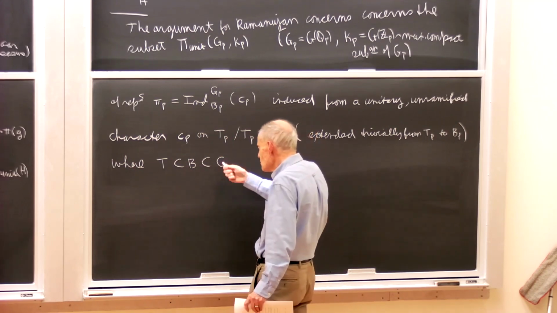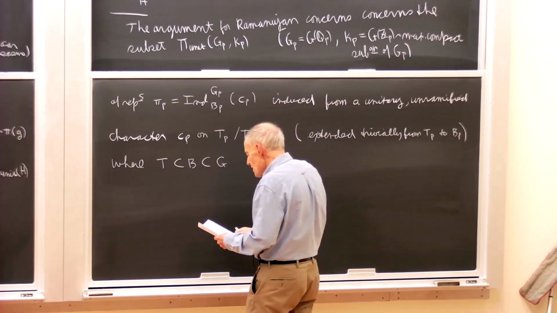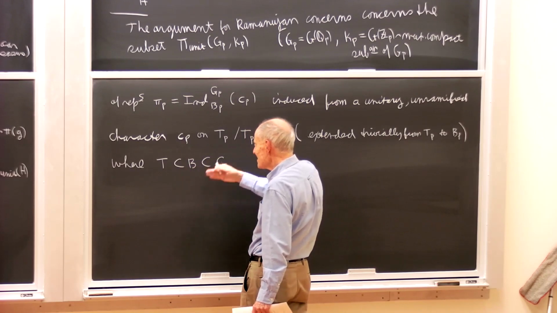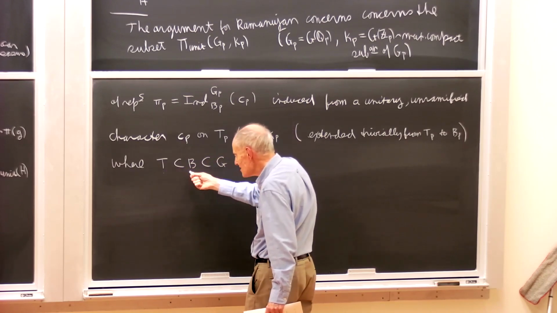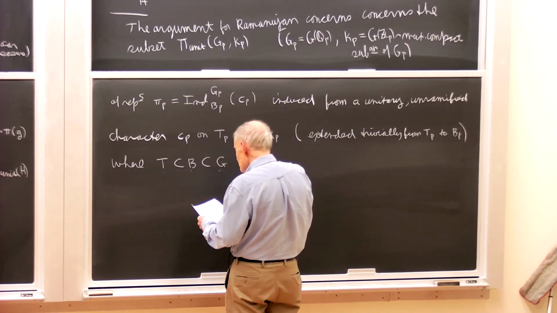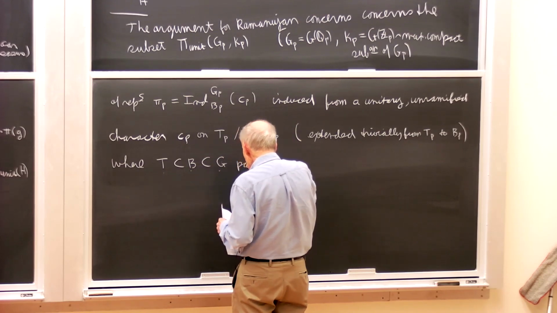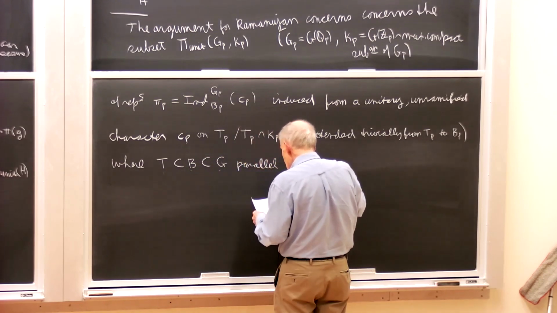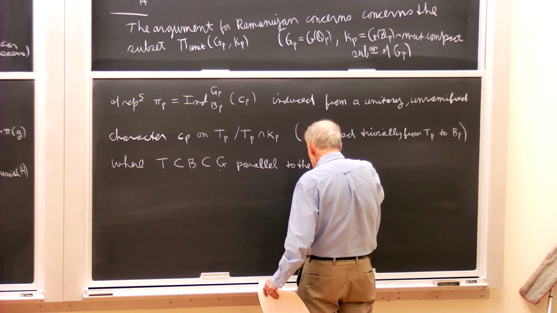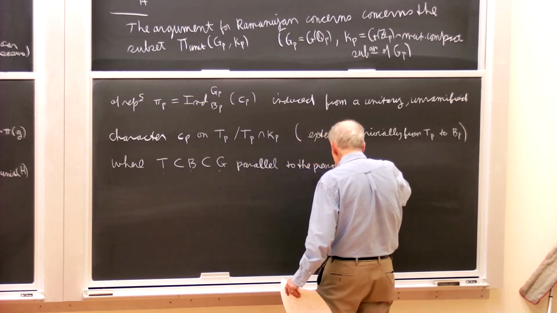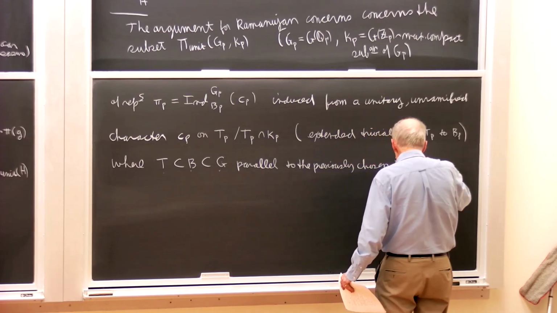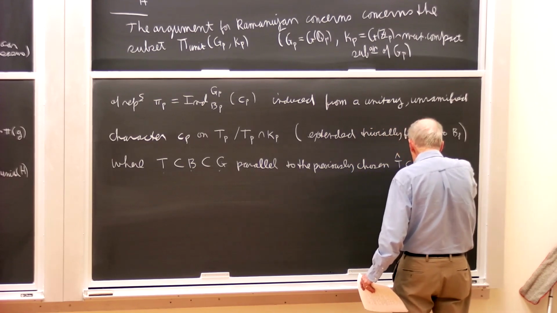But now we've got this group G over Q. If we already fixed a T hat, B hat, and G hat, and if you fix one of those, it'll fix one of these for you for G, parallel to the previously chosen T hat, B hat, G hat.